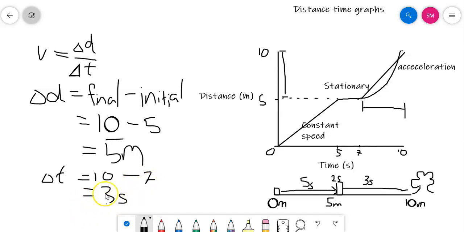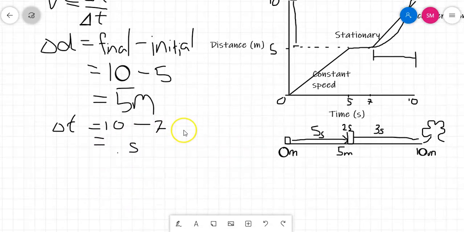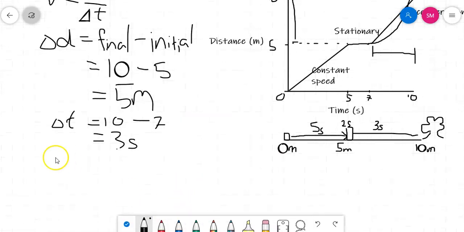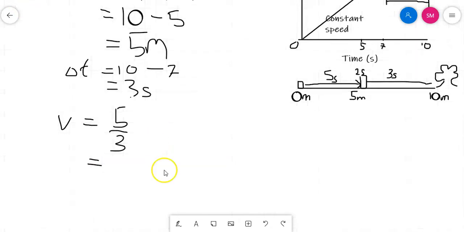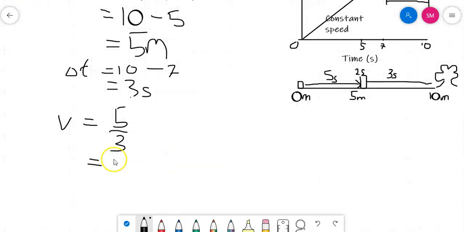Okay. So now when we do our formula, velocity equals the change in distance, which is 5, divided by 3. So what does that equal? I had to use my calculator for this, which might be embarrassing, but who cares?